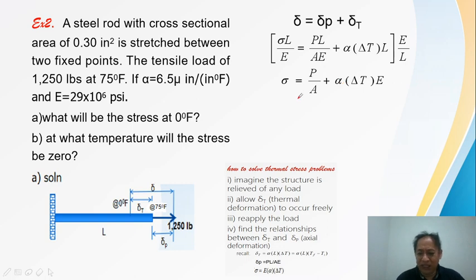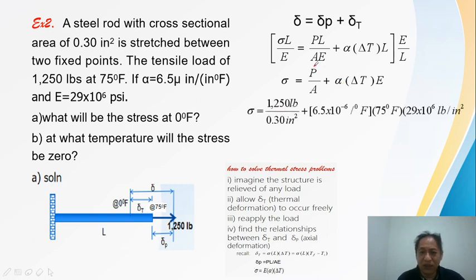Okay, so now I can substitute the values. The load is 1,250 pounds per square inch, correct? So pound per square inch for the other term. This is the coefficient which is given. So this is equivalent to, take note, 6.5 times 10 to the power of negative 6, per inch per inch, per degrees Fahrenheit. Now, the change in temperature started with 75 then went to 0.